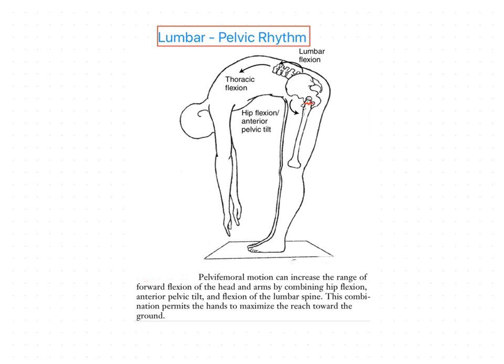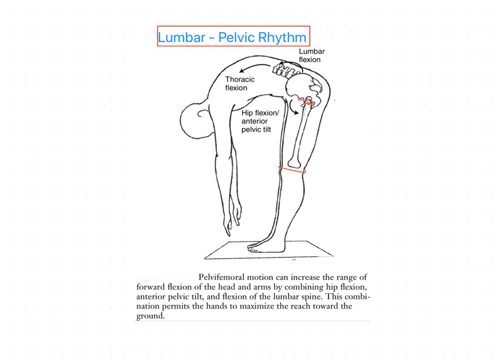If the knees are extended, the hips can only flex to 90 degrees. The additional flexion of the lumbar spine will incline the trunk forward about another 45 degrees. The combination of hip flexion and lumbar flexion should be adequate to reach the floor.